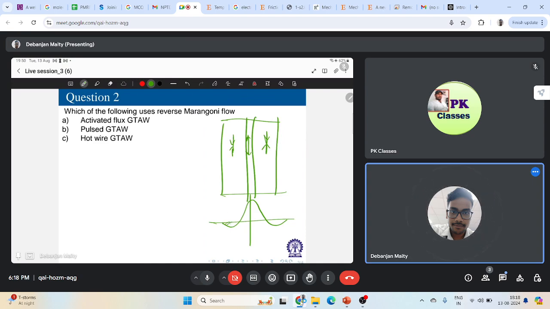Correct? These two, let's say A and B, are compressive residual stress, and at C it will be the tensile one.